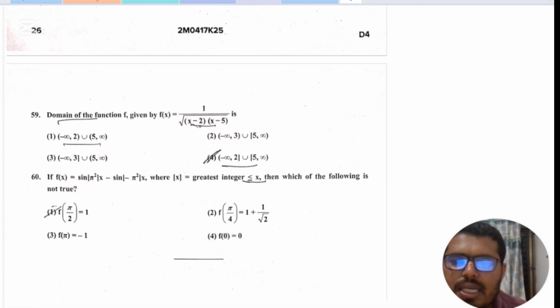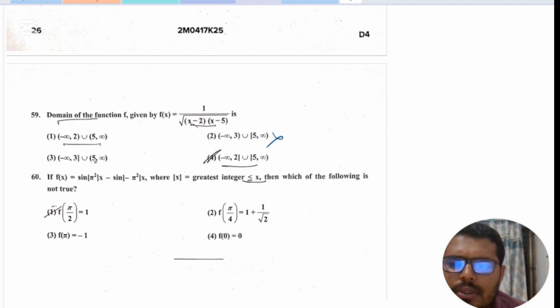The domain of this function is, okay, here in option number 1 both are open intervals. Option number 2, here the second is a closed interval. It means x equal to 5 is not defined, therefore it is not correct. Here also x equal to 3. Open interval is there now.